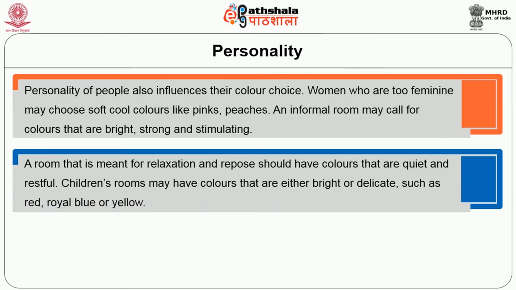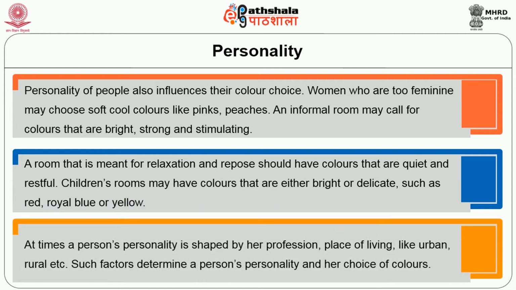Children's room may have colors that are either bright or delicate, such as red, royal blue or yellow. At times, a person's personality is shaped by her profession, place of living like urban or rural, etc. Such factors determine a person's personality and her choice of colors.